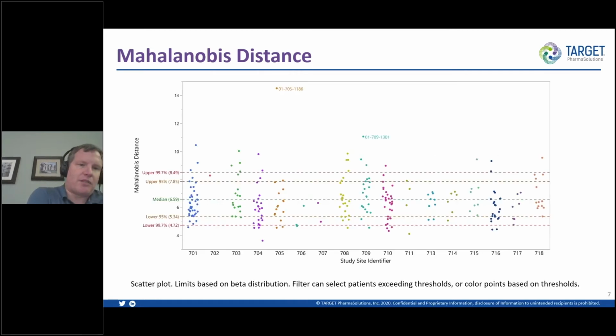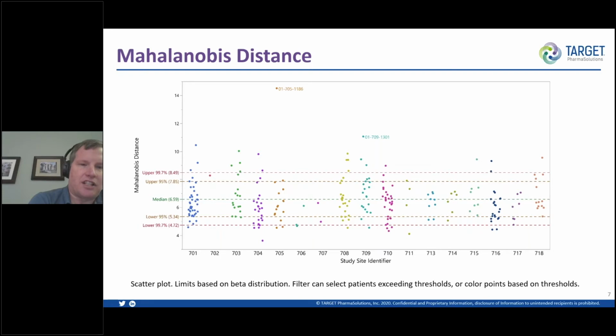So we can generate a plot like so, where each column along the x-axis represents a different site. The distance computed along the y-axis is the Mahalanobis distance that we've summarized in the analysis.